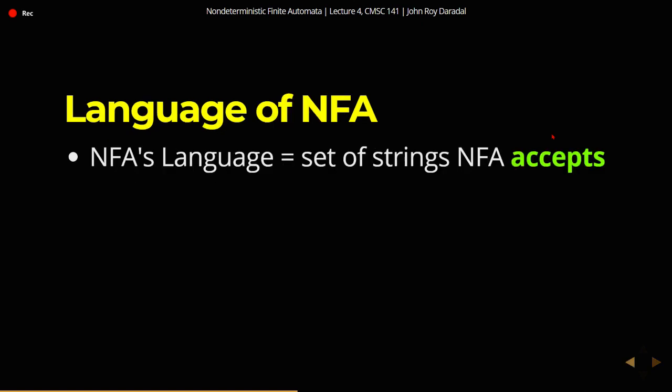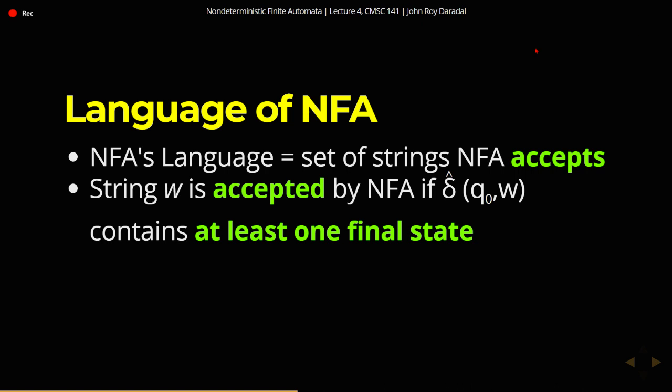Now we are ready to define the language of the NFA. The language of the NFA is the set of strings that it accepts. As we said, the string W is accepted by the NFA if delta hat, starting from the start state Q sub 0 and processing the string W, contains at least one final state. Take note that delta hat is a set of states as well, right? Because it could end up in multiple possible states.